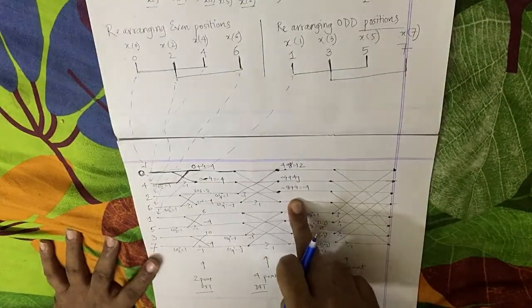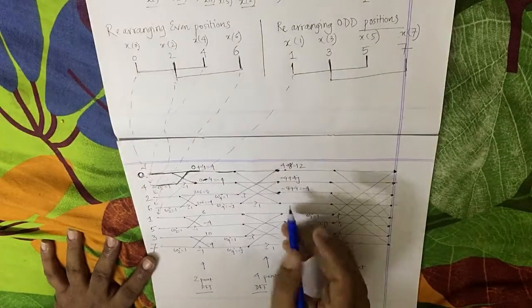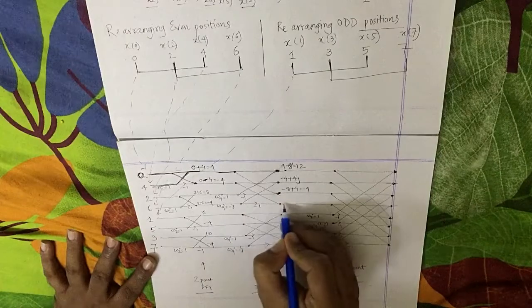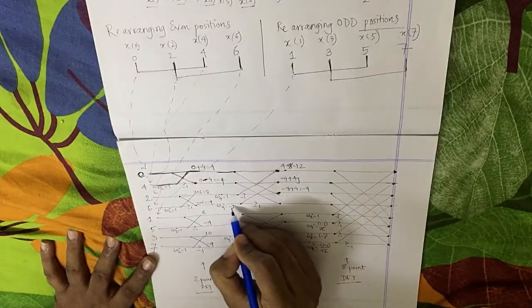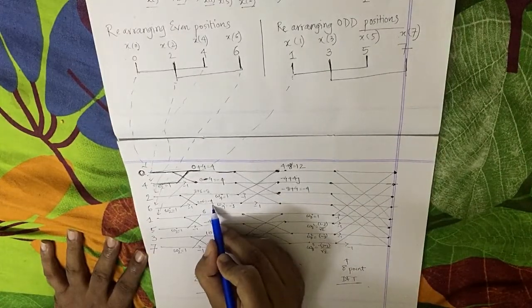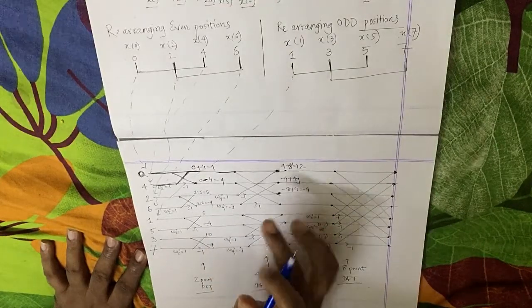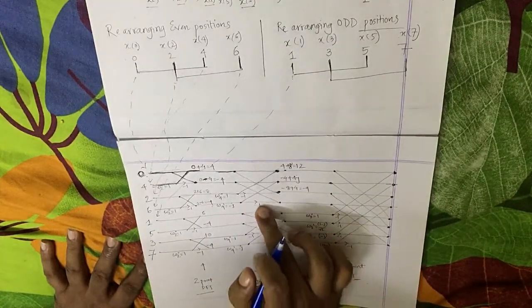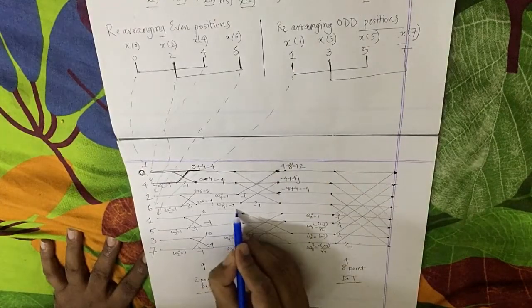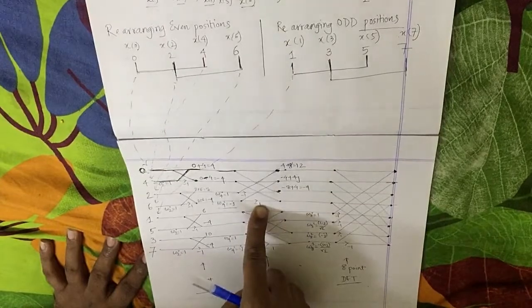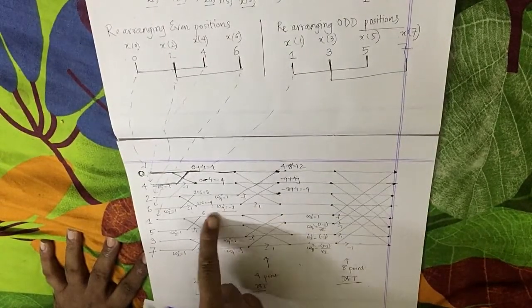Fine. What about this line? In this line, from the straight path we have this minus 4, multiplied with minus j gives us plus 4j. This is also a kind of multiplication factor.